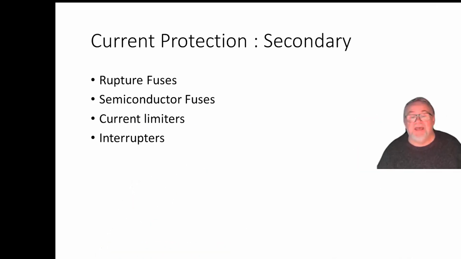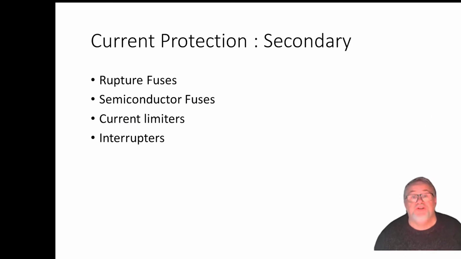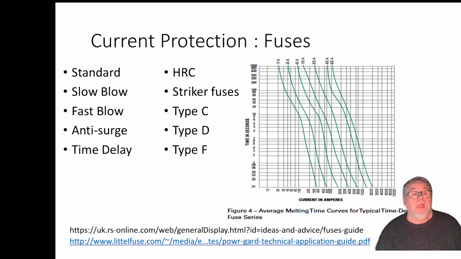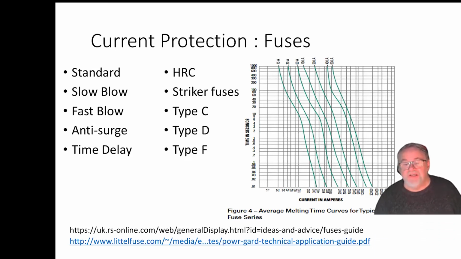On the secondary side, we have rupture fuses, which are exactly the same as the fuses that I just talked about. On the primary side, we have semiconductor fuses. We can limit current or we can interrupt current. Let's talk about them very briefly. Secondary side fuses are a science to themselves.